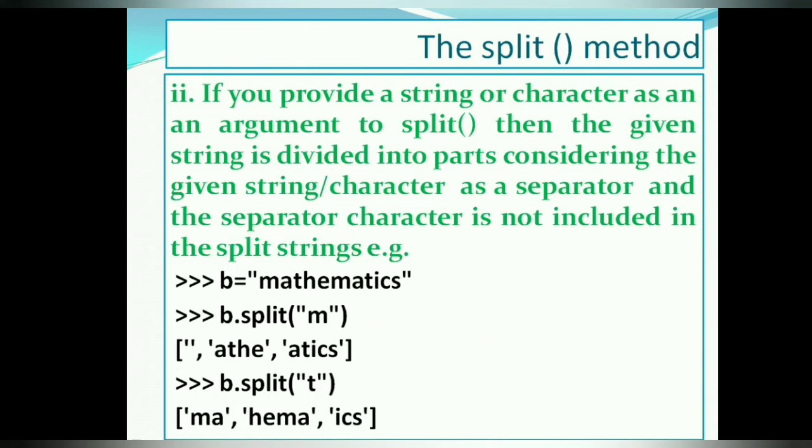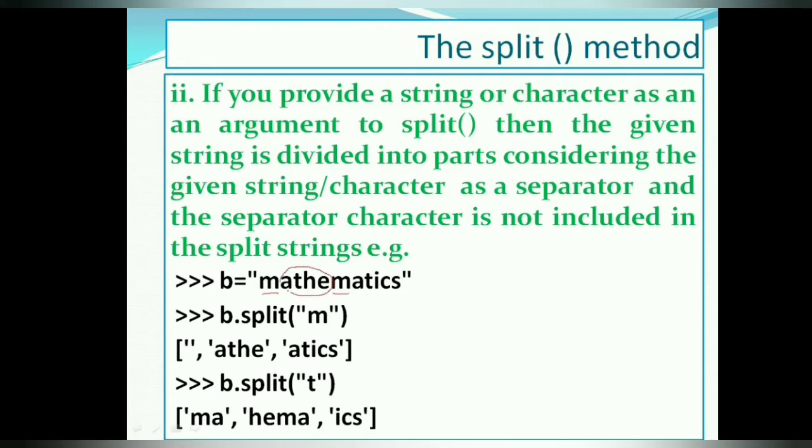If we provide a character or a string as an argument to the split function, then the string is divided into parts considering the given string or character as a separator, and the separator is not included in the split strings. Here b is equal to mathematics and we are passing m as a separator, then we will have an empty string, 'athe', 'atics'.